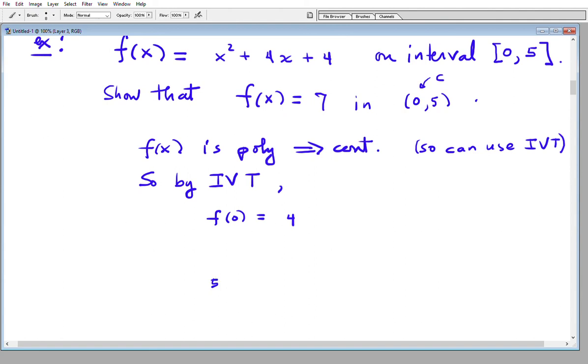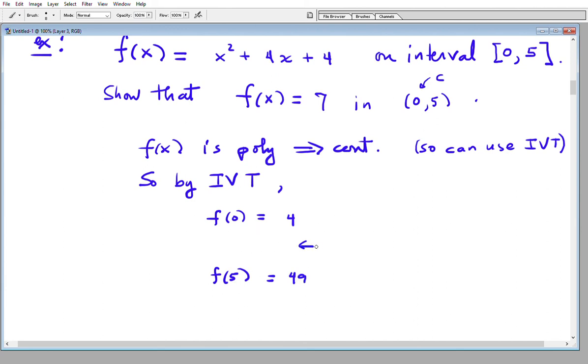Sorry, f of 5. Okay, so we have 25 plus 4 times 5. 25 plus 20, that's 45, plus 4 is 49. So we're going from 4 to 49.